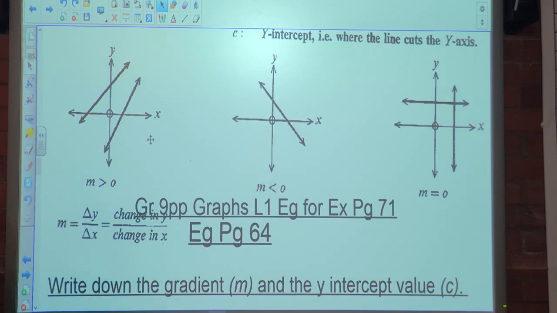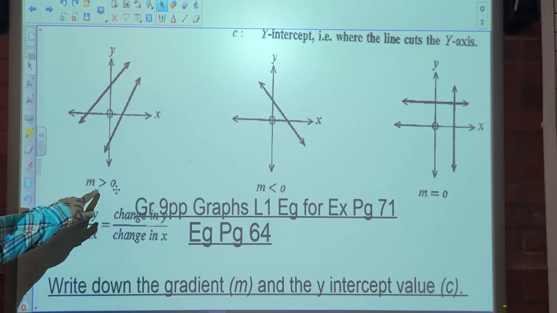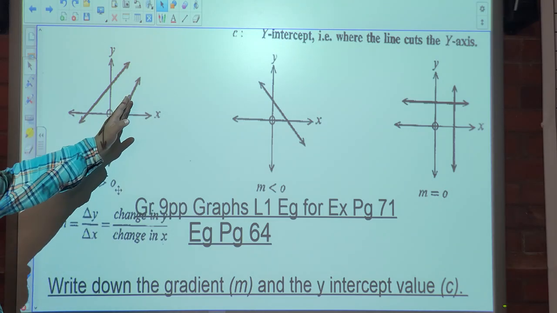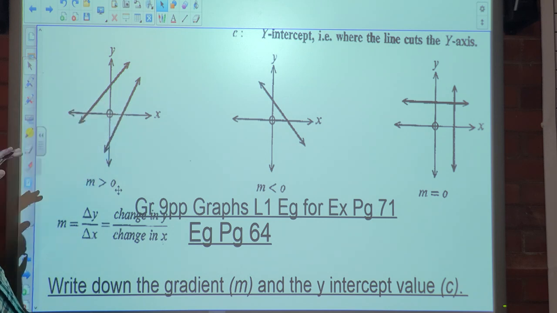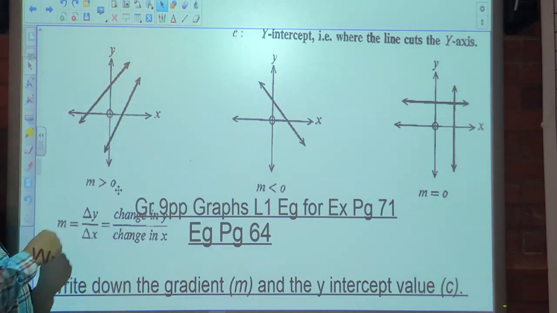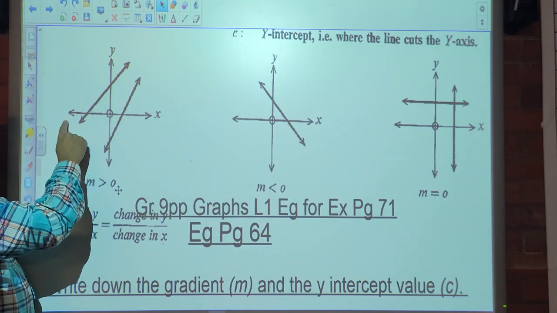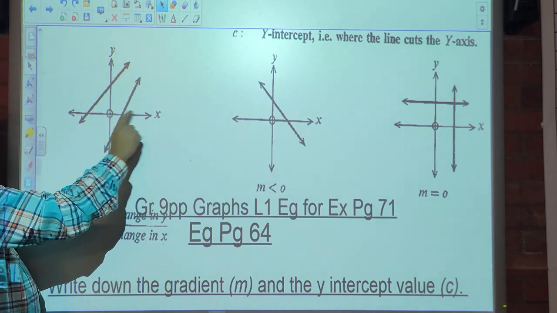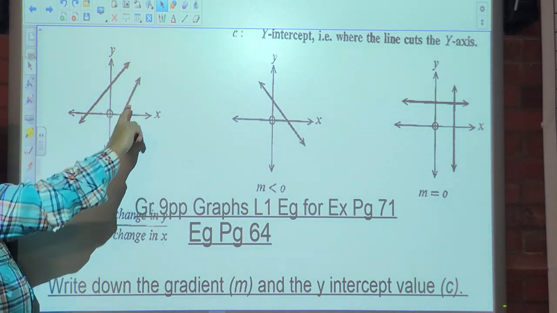Here we'll see that if the gradient is positive, greater than 0, then this is what your line is going to look like. It's going to lie to the right. We also see when the line lies to the right, this graph is increasing. So as x moves from left to right, as x gets bigger, the graph gets bigger, increasing.